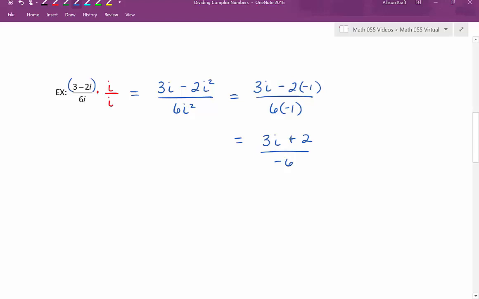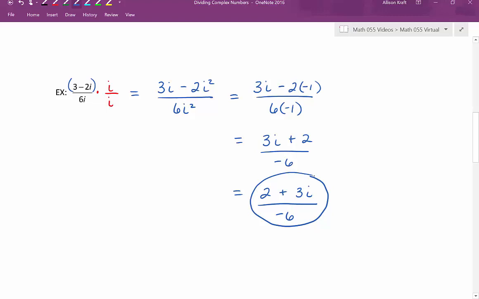I want to rewrite this in the form a plus bi. So let's put the real part first in the numerator and the imaginary part second. We end up with a final answer of 2 plus 3i over -6.